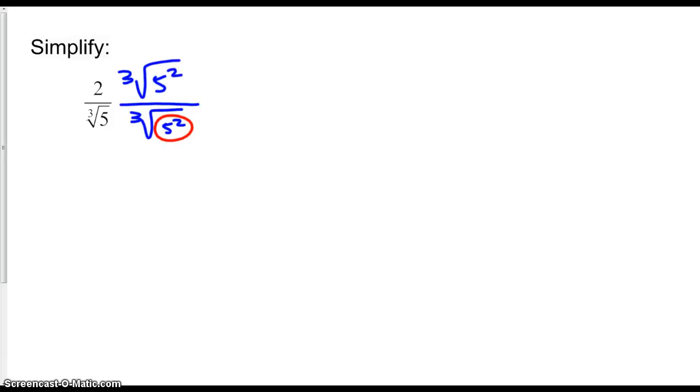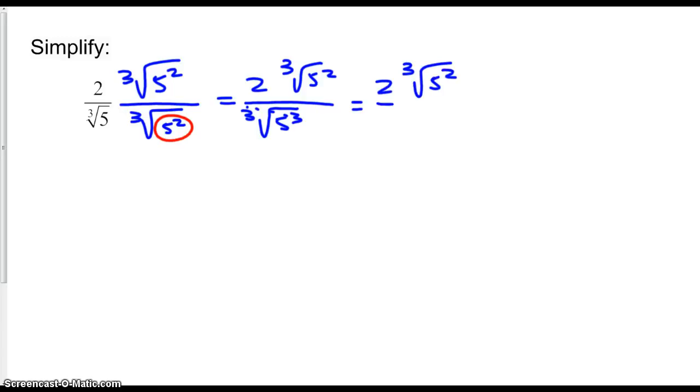The reason for that is when I multiply now, I have 2 times the cube root of 5 squared. But now I have the cube root of 5 cubed, right? I had 1 5. I needed 2 more 5s to get 5 cubed, because now the cube root and the cube cancel. And I have a positive, so I don't have any issues with the sign here. And that leaves me with the 5 down there.